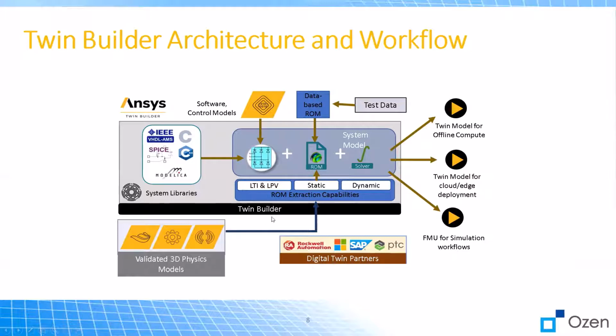Using Twin Builder, there are different ROMs: LTI, static ROM, dynamic ROM. All of this data will be used, and then we can couple it with one of the digital twin partners for the deployment, either PTC or Rockwell or Microsoft, etc.